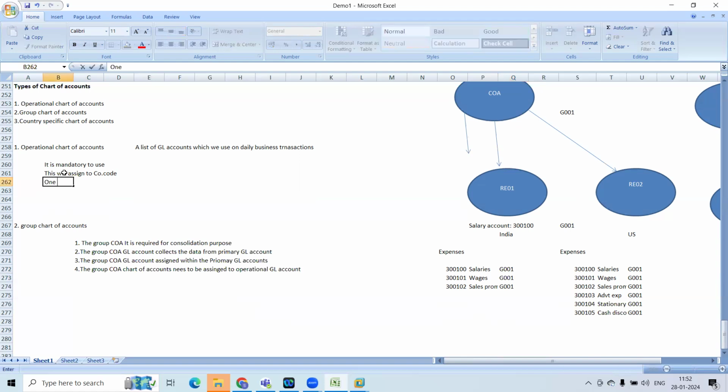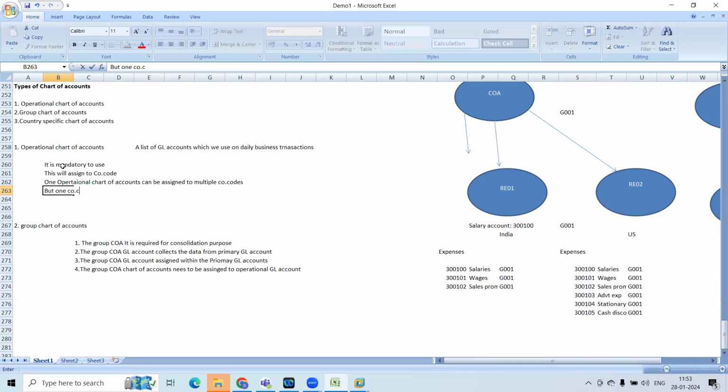One operational chart of accounts can be assigned to multiple company codes.